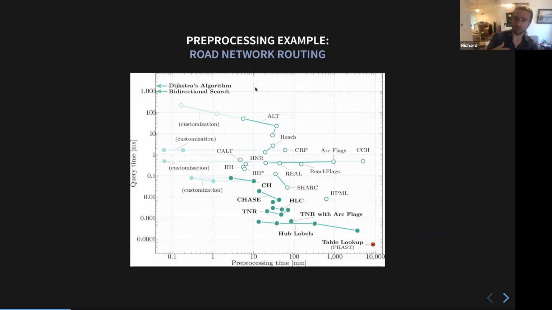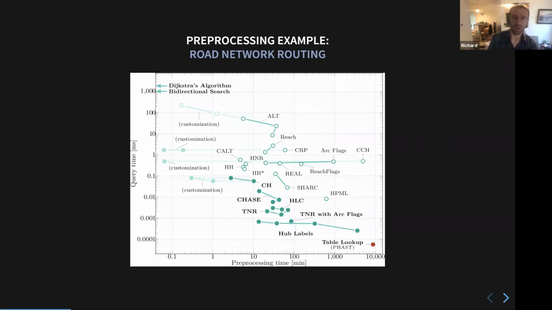We look at the closest node to us in the road network, and we add that to a kind of queue that we're looking at. And then we look at the neighbors of that, and now we choose the closest item to all of the nodes that we've already explored. And if we repeat that process, eventually we find the shortest path to the node that we're looking for, from A to B.